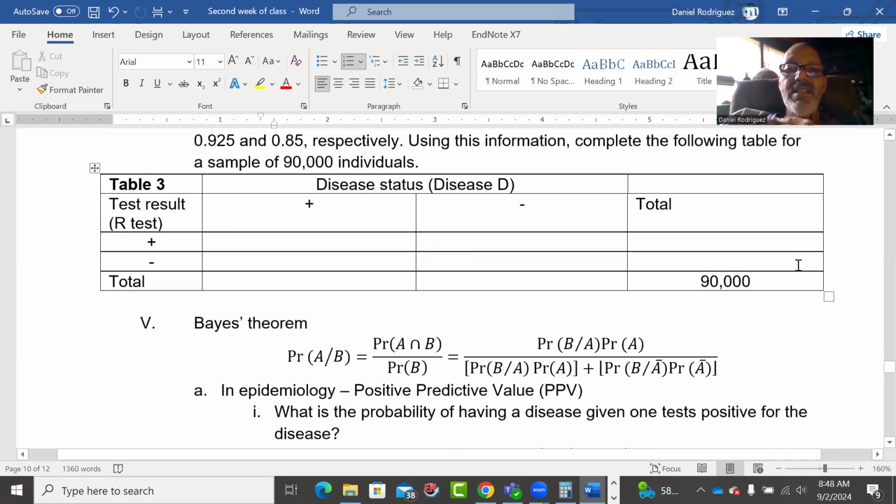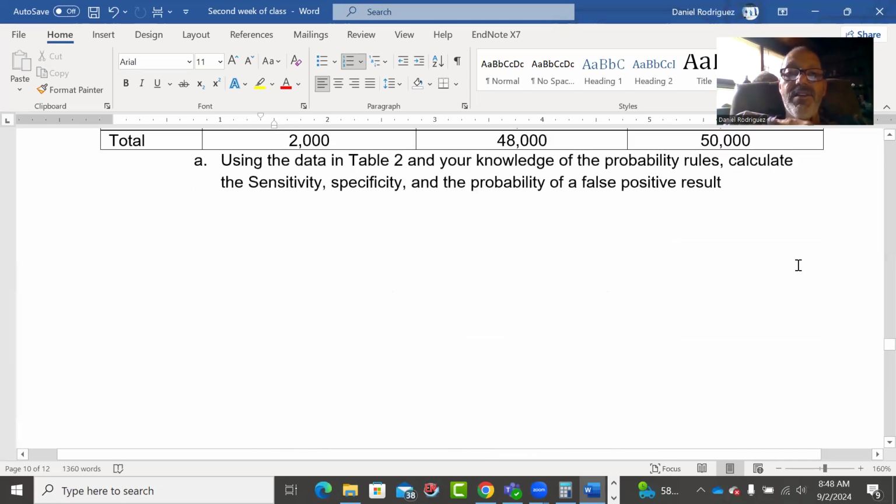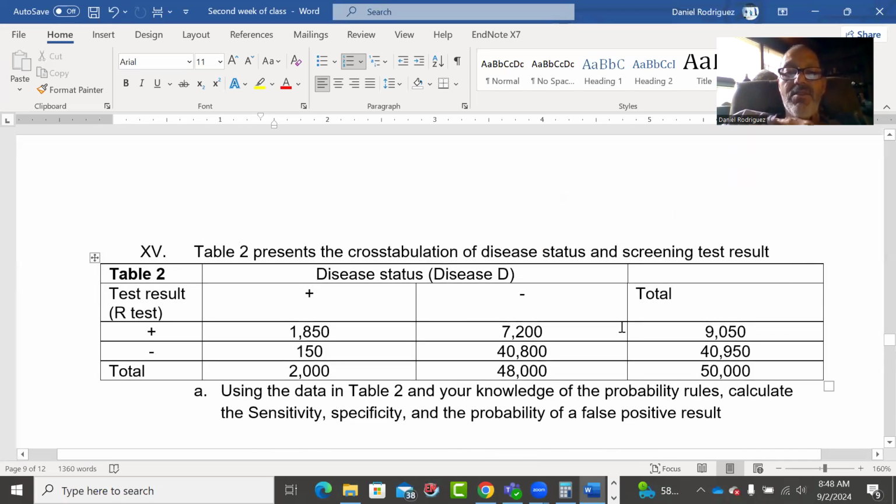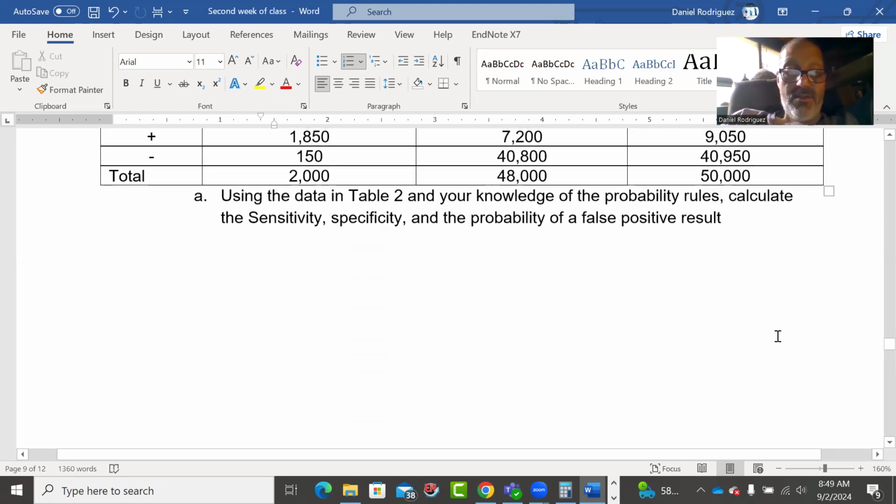And if we have a table, we can figure that out. Like we know here, 9,050 people tested positive, and 1,850 have the disease. So if I divide 1,850 by 9,050, I have my answer for my PPV, positive predictive value.